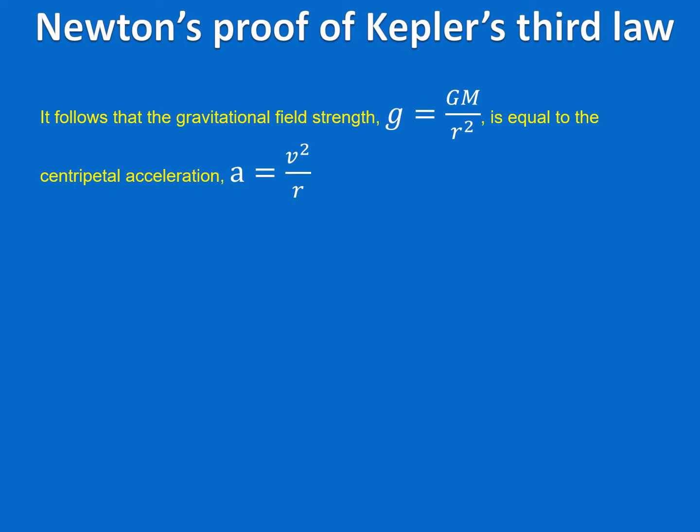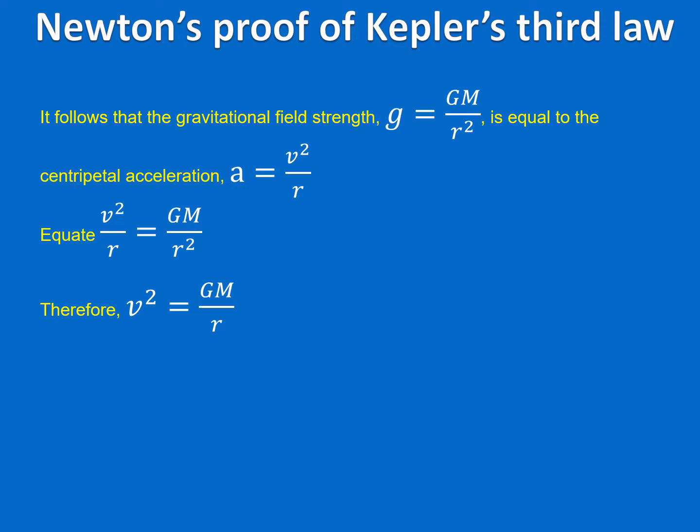So we can equate the two to get an expression for v squared. So if we equate the two, v squared over r is equal to GM over r squared. We need an expression for v squared so that we can use another assumption for circular motion to get to Newton's proof of Kepler's third law. So make v squared the subject, v squared is equal to GM over r.